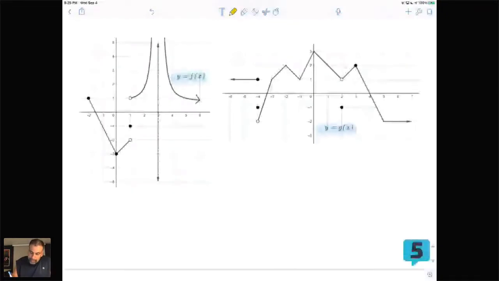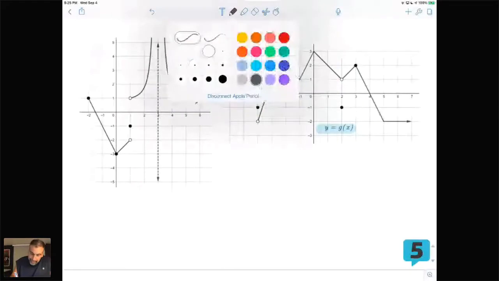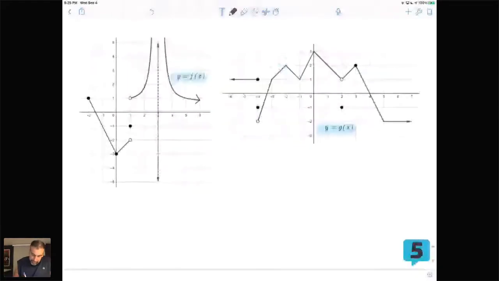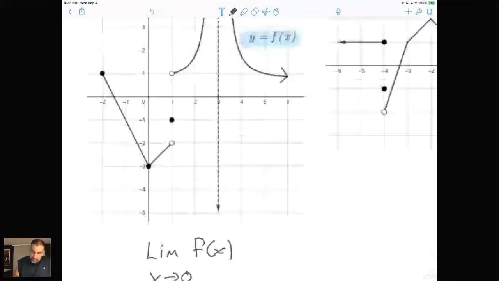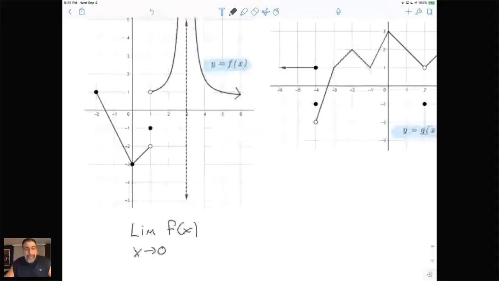When we look at f of x, and we just ask this question: what is the limit as x approaches 0 of f of x? Okay, so again, we're just focusing on that one.